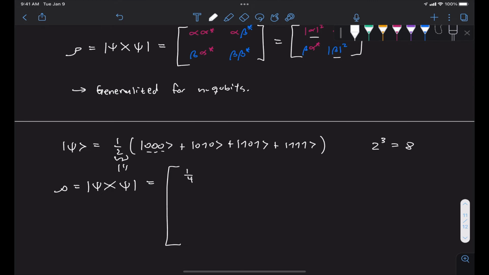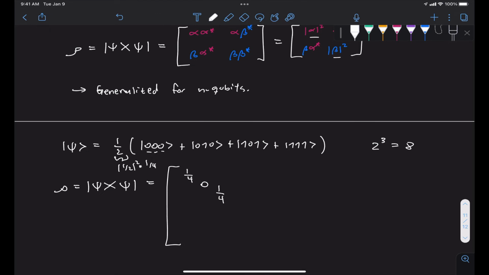If we take the norm squared of 1/2, it's 1/4, right? Now associated with state 0, 0, 1, we have a probability of 0. Associated with state 0, 1, 0, we have a probability of 1 over 4. And for state 0, 1, 1 it's 0.